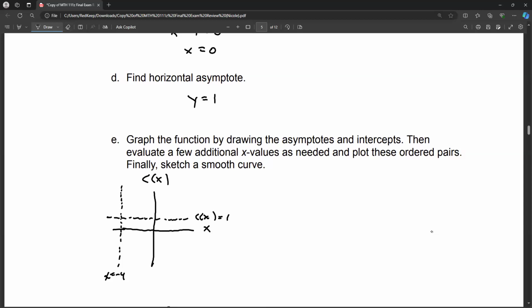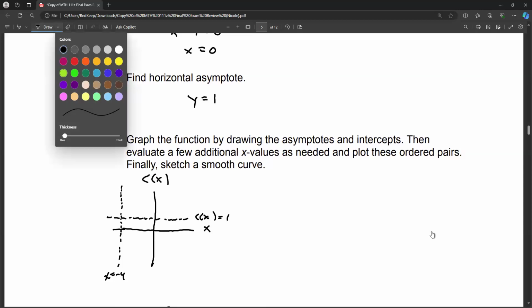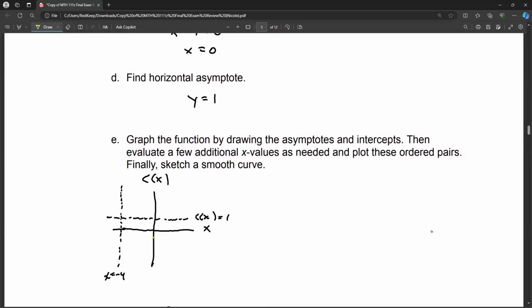Maybe I'll choose a different color so it stands out more. I think it's probably going to be right about there. Use your best judgment. I'll label it -1/4. And then the x-intercept, I ran out of space here, but I think it's probably going to be about right there. I'll try to label this one as well, since the graph will probably run into this. It's (1, 0).